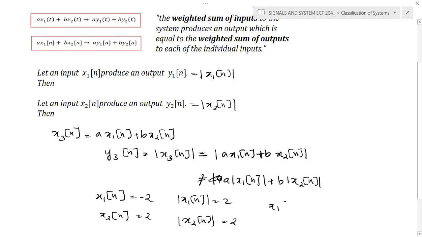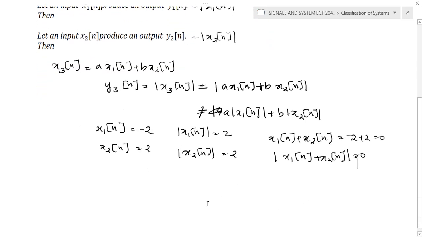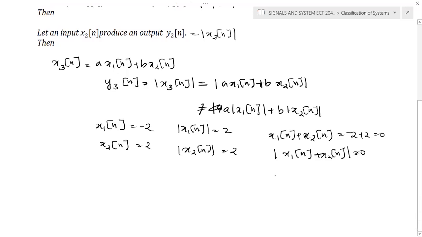And if you perform x1 of n plus x2 of n, then you'll get minus 2 plus 2, which is equal to 0. And if you take the modulus of x1 of n plus x2 of n, it's simply 0. And individually, if you perform this operation, you will get 4. That is, if you take the modulus of x1 of n plus the modulus of x2 of n, it becomes 4.